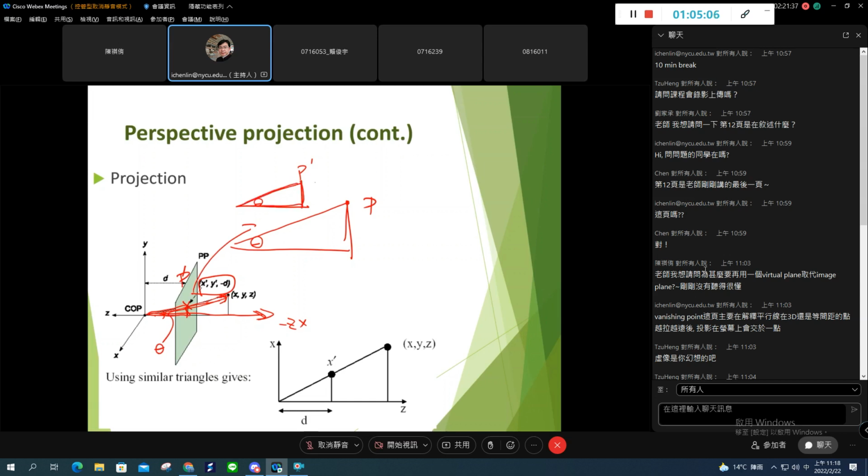The similar triangle idea is if you have x, z here and x prime, z prime here, then x versus z is equal to x prime versus z prime. Whenever you put z prime as f here, you get x prime equal to f x divided by z. So that is the ratio, right?